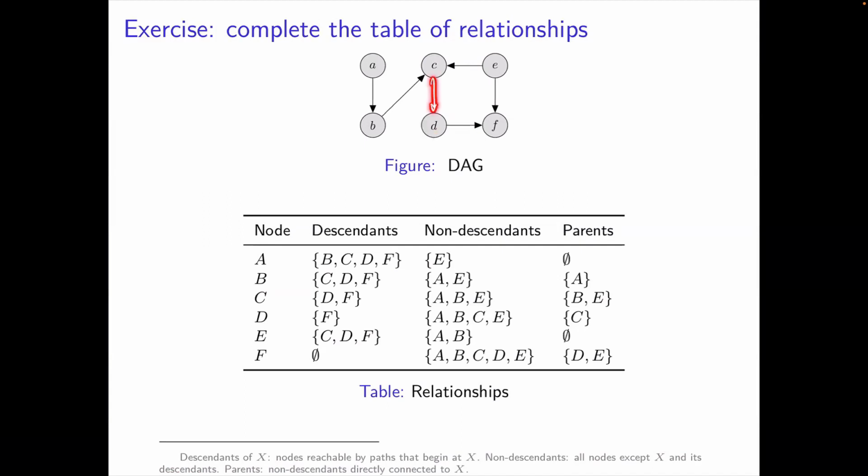And it has a single parent, right? So let's see, is there any variable that has multiple parents? Yes, C has multiple parents. Are there any variables that have no parents? Yes, A has no parent, E has no parent, indeed. Right, so just double checking that everything looks correct. Great.